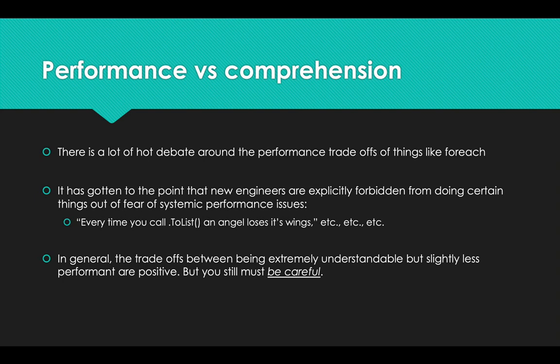And there are some people who feel religiously that you should not use list types because of their performance overhead. So this ultimately comes down to these weird edicts, like every time you call .ToList on an array, or even worse, ToList on a list, an angel loses its wings, etc., etc., etc.